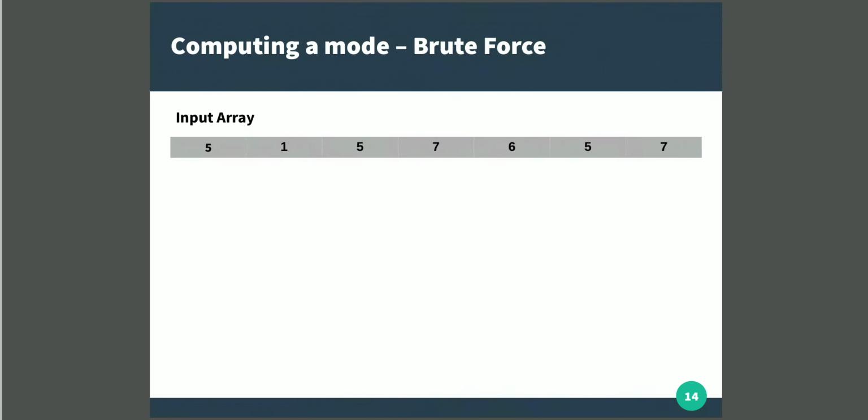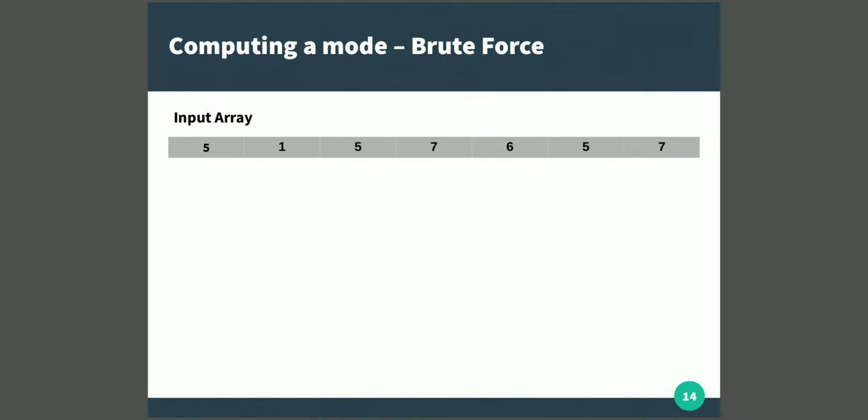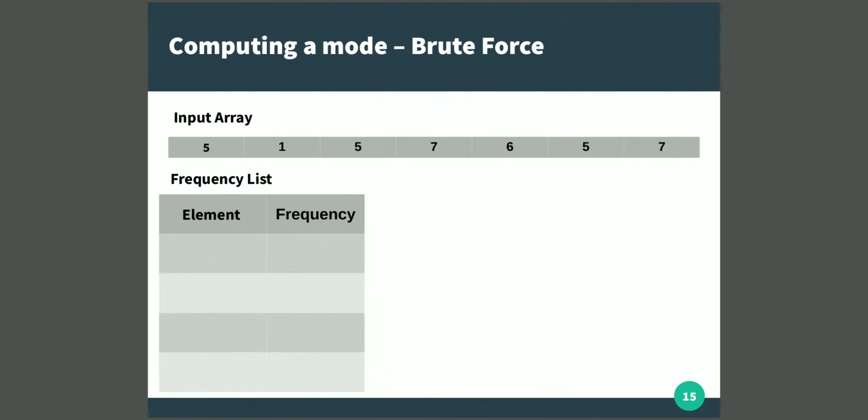So let me give you this same example. If we were to apply this brute force approach, let's consider this array. Okay, as you can see here, it has 7 elements: 5 1 5 7 6 5 and 7. So now for this, we create an auxiliary list. Okay, can you see this list below? Let's call this the frequency list. In this frequency list, each entry has two values.